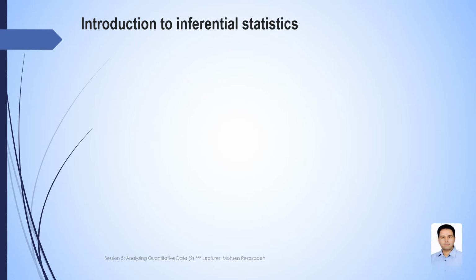Before, we said that statistics can be divided into two principal areas, descriptive and inferential statistics. Descriptive statistics are used to summarize sets of numerical data. Thus, descriptive statistics offer a tidy way of presenting the data we have.